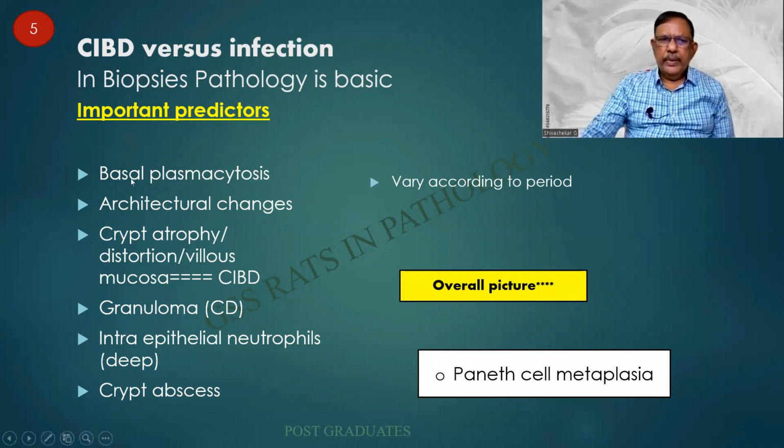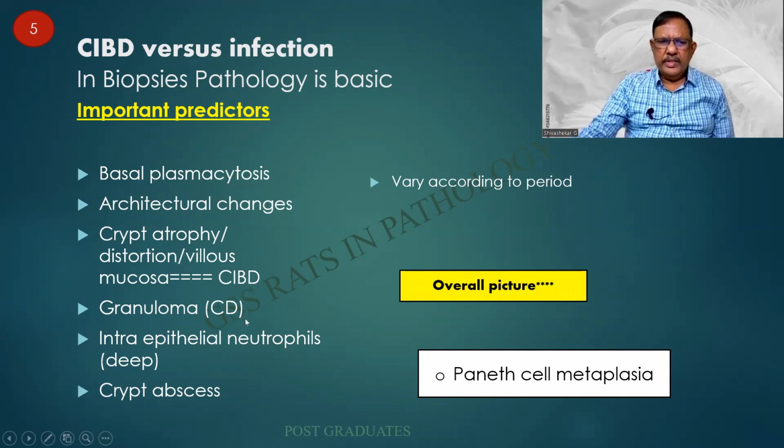These include basal plasmacytosis, increase in the plasma cells at the basal layer or the region of the crypts. Architectural changes, which we shall again be seeing. Crypt atrophy, distortion of the villus. They are more than equal to chronic inflammatory bowel disease.